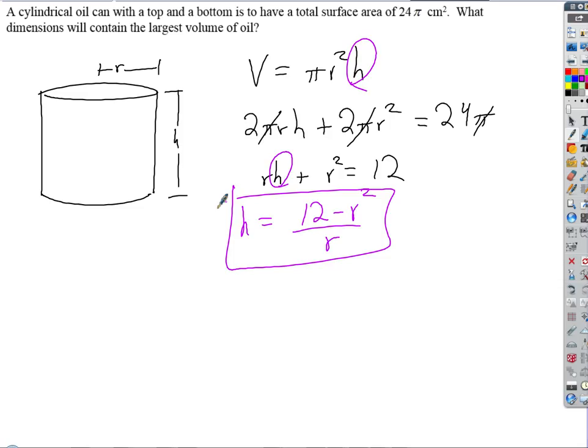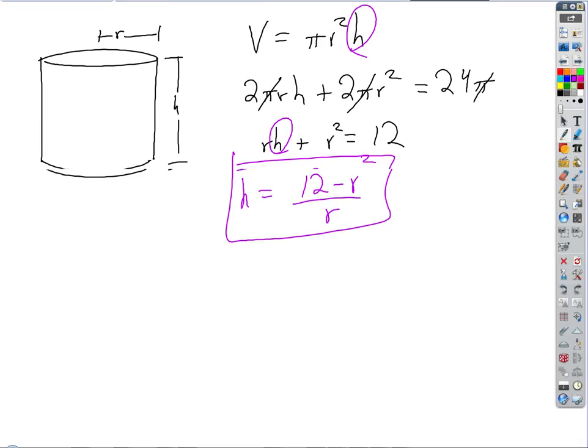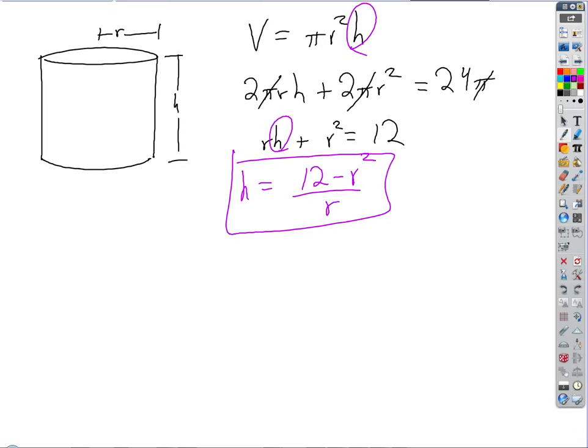Define the variables, start off with our primary equation, and then, if necessary, which it is, because I've got two variables, use my secondary equation to make a substitution. That culminates with our primary equation as a function of one variable, which gets us ready to do calculus, right?